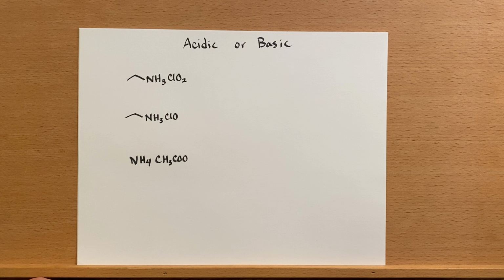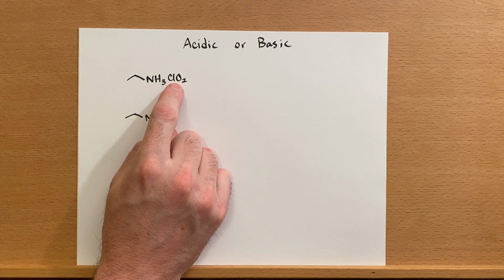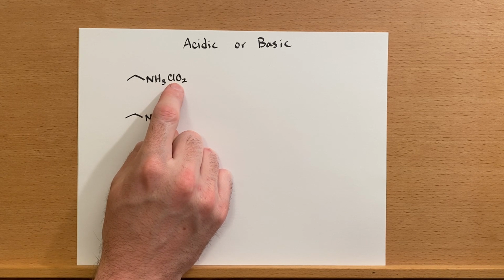We actually need to look at the Ka and the Kb of what we have here. So let's do that. If we look up in a table, we might only find the Ka for chlorous acid, which in this case is 1.1 times 10 to the minus 2.